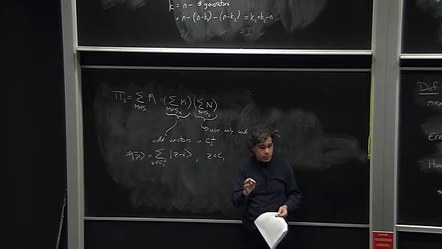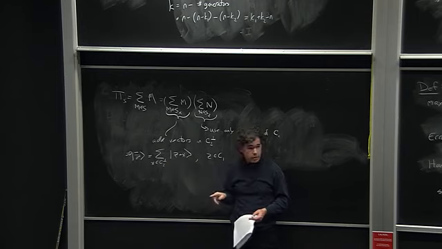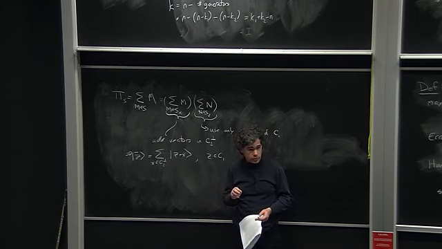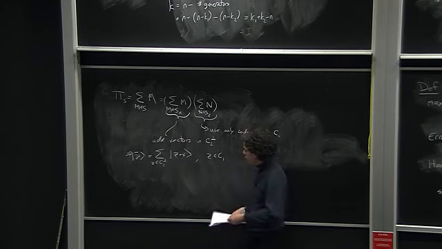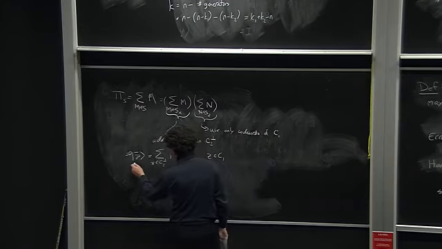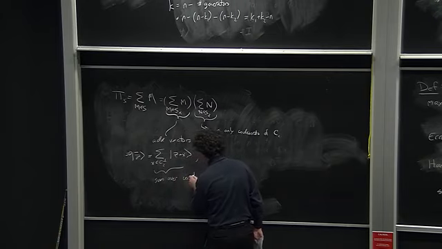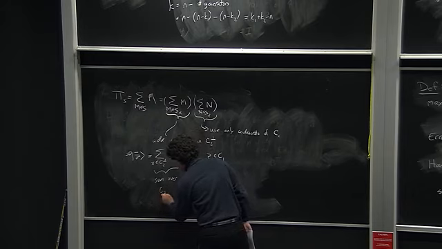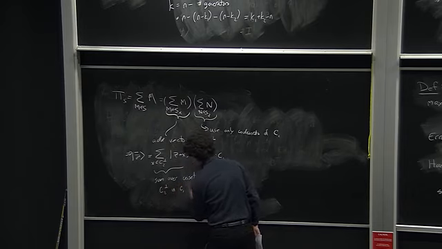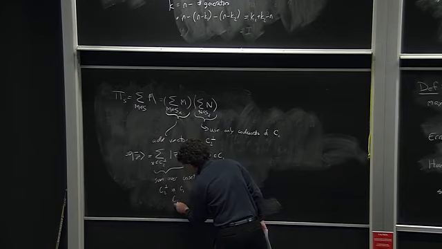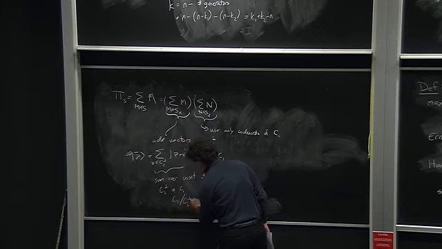It's only elements of C1 that differ by an element of C2 perp. So basically this is a sum over some coset of C2 perp in C1. So we're looking at C1 mod C2 perp.